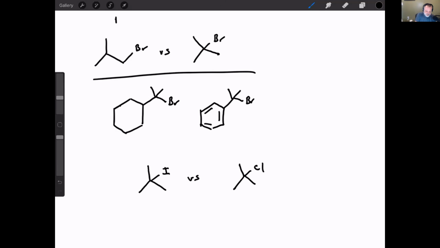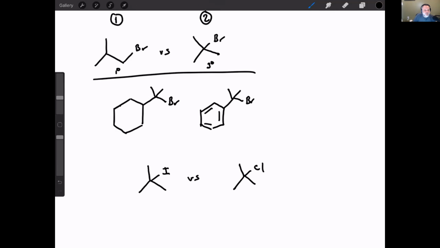Which one is it? Is it number 1 or number 2 in the first example? In number 1, the leaving group is located in a primary position. In the second one, it's located in a tertiary position.